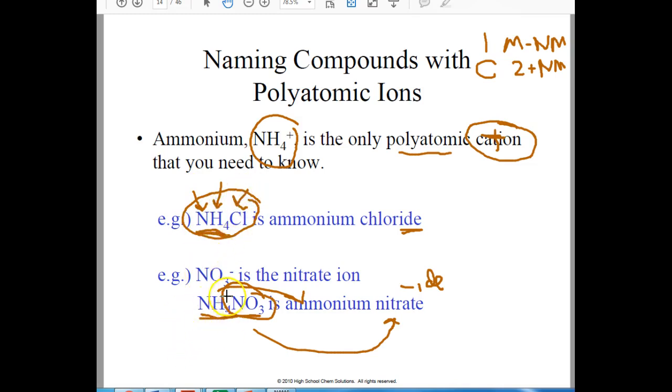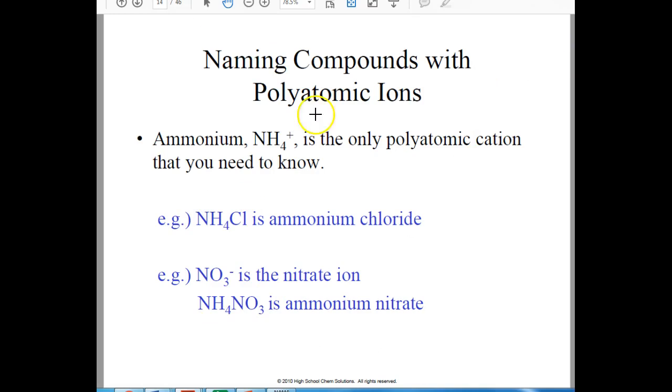Down here again, nonmetal, nonmetal, nonmetal, nonmetal. If you have ammonium in a compound, NH4, it will only have nonmetals in it, but it is still ionic. So this is an exception to watch out for. Ionic is usually metal, nonmetal, but if you have ammonium, it's going to be all nonmetals, but it's still ionic.